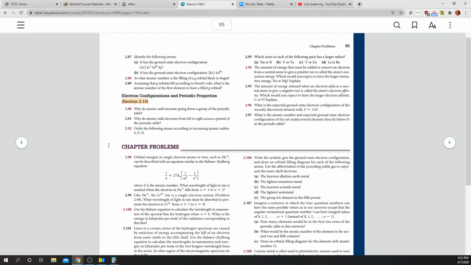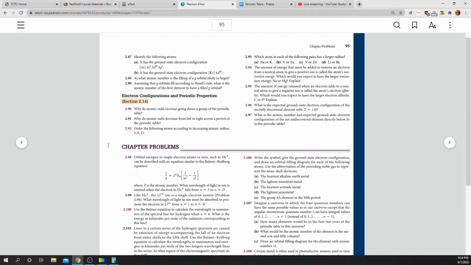94. The amount of energy that must be added to remove an electron from a neutral atom to give a positive ion is called the atom's ionization energy. Which would you expect to have the larger ionization energy, sodium or magnesium? All right, so larger energy means you have to work harder to remove that electron.